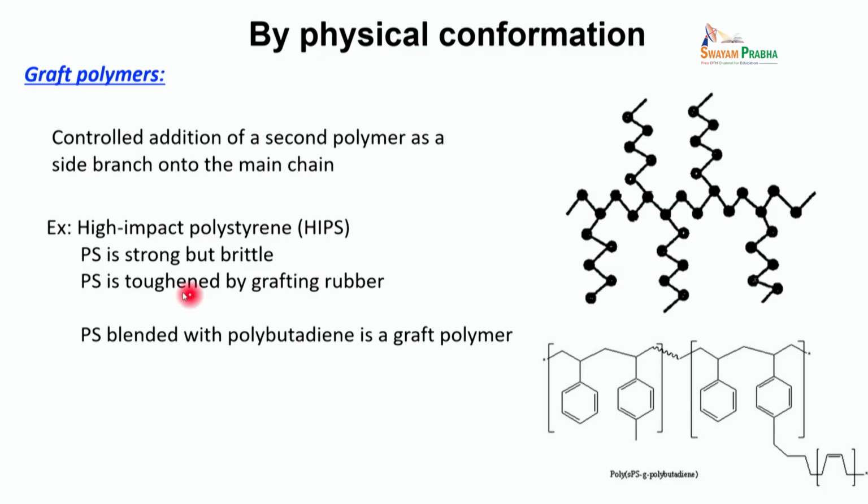Okay. So, that is what we mean by polystyrene blended with the polybutadiene is a grafted polymer, which has this kind of a cartoon that we show, but chemically this is what it means. Okay. So, this is done by a controlled addition of a second polymer as a side branch onto the main chain, right. Any question at this point?